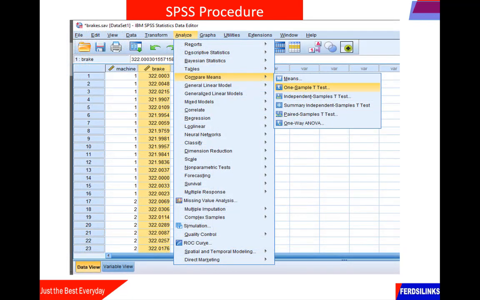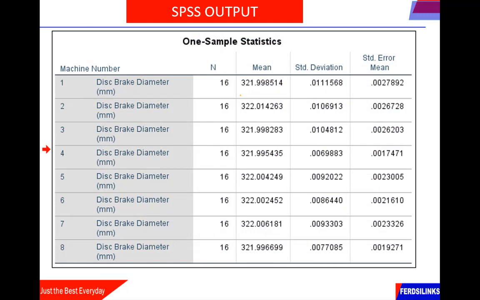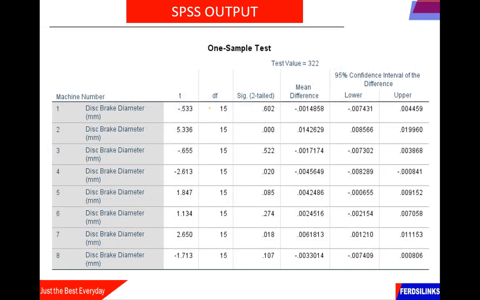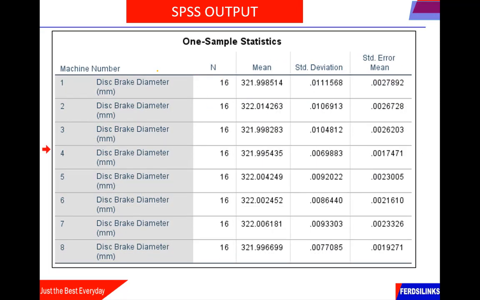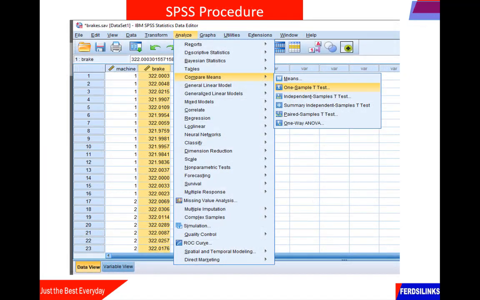Once we do that, we come back to Analyze, go to Compare Means, take One Sample T-Test, and you run it. You have this output, right? Now, this is our output. With this output, we can go ahead and do the interpretation.